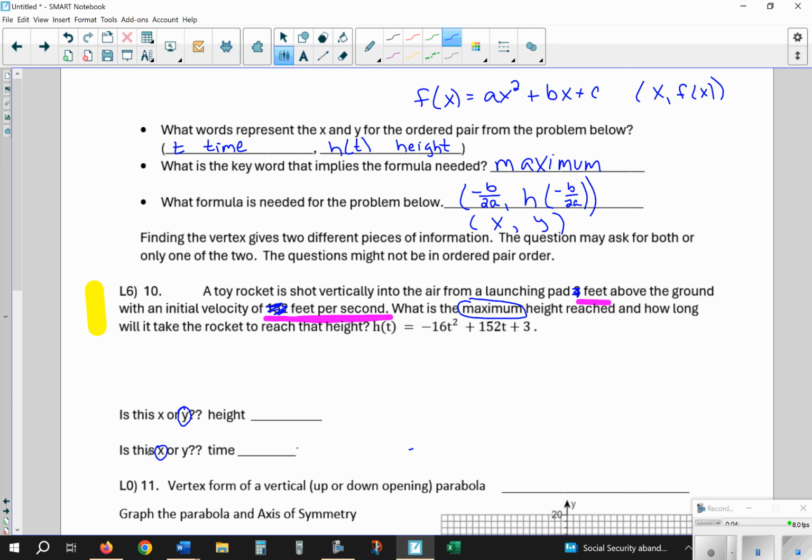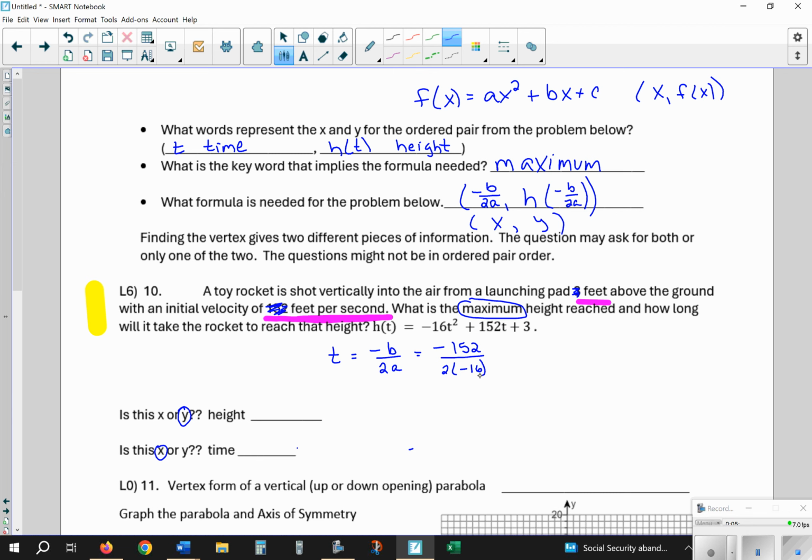So coming back to where we need to actually work now, my t-value is found by doing the opposite of b over 2a. So we have the opposite of positive 152 over 2 times negative 16.